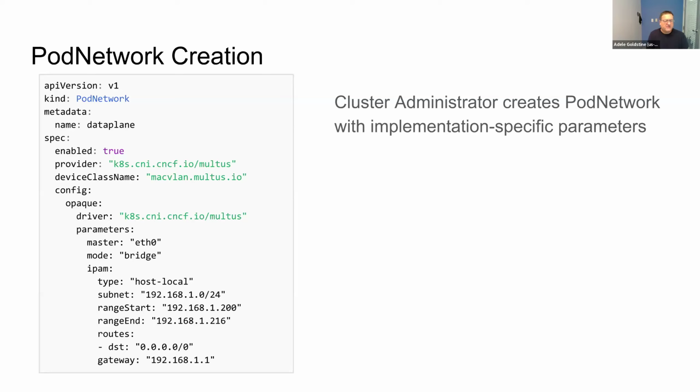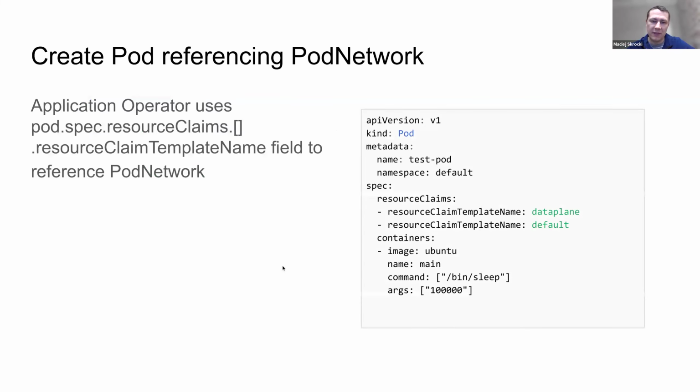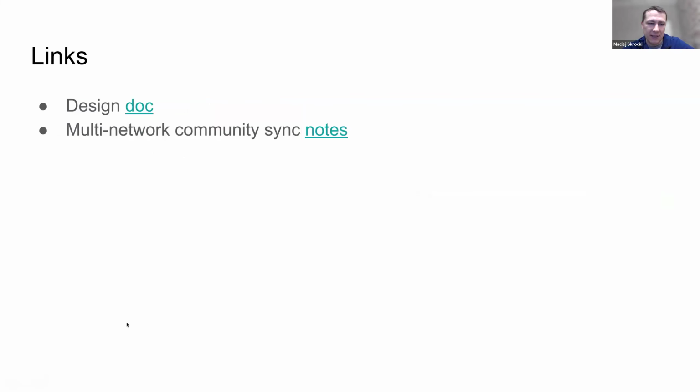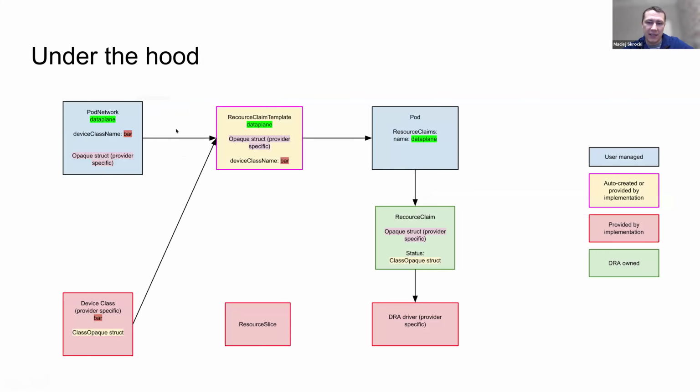If you look here, right, from my understanding, unless I'm wrong, this ends up being here, and then whatever the class below has goes to the status of the resource claim, right? Isn't that correct?